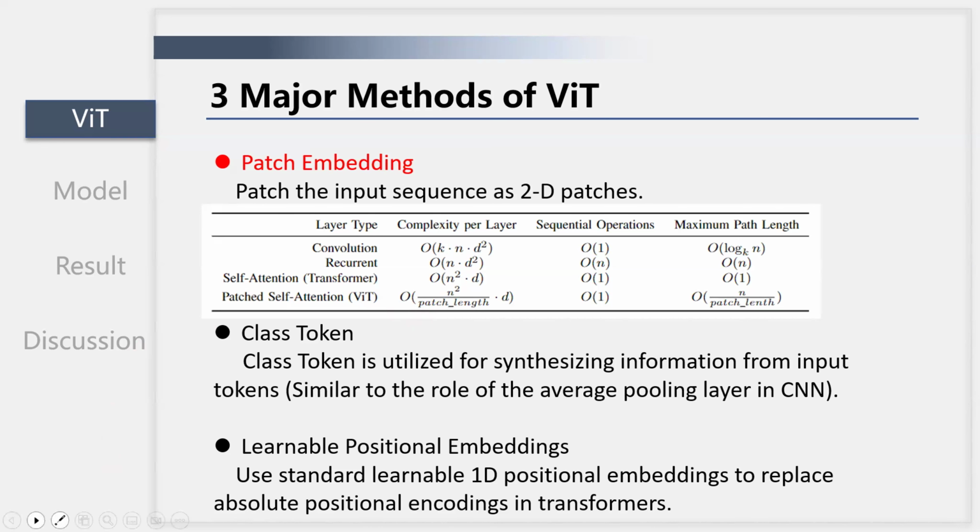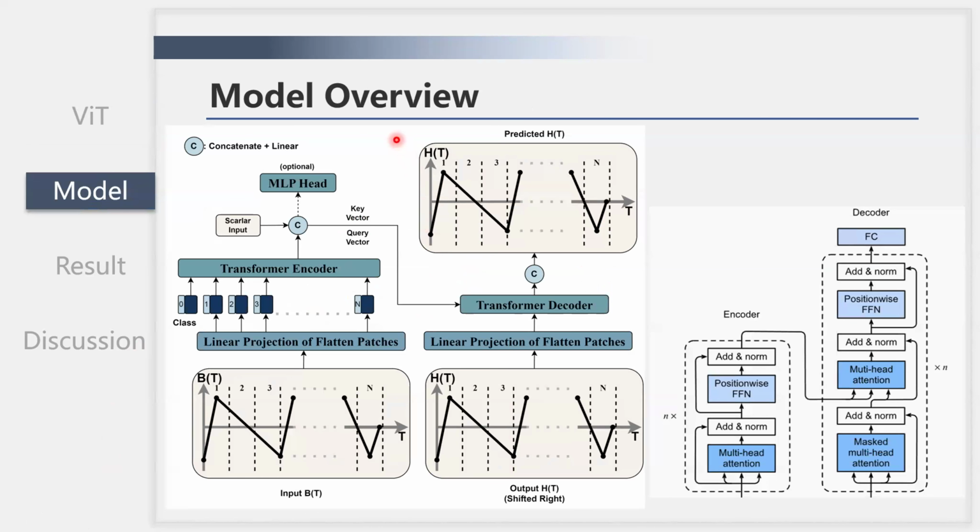Okay, next is our model overview. And here is the input B-T sequence. First it is input to the linear projection of flattened patches module. In this module, the patch embedding and the class token and learnable positional embeddings are applied.